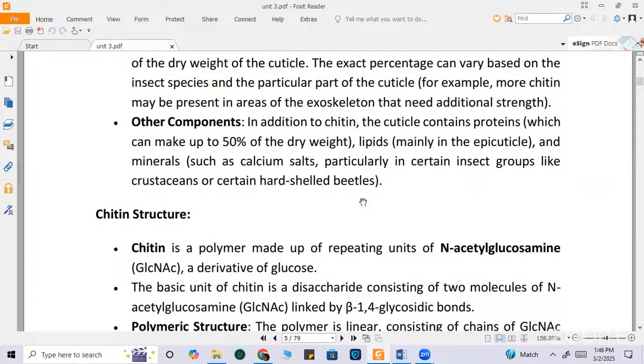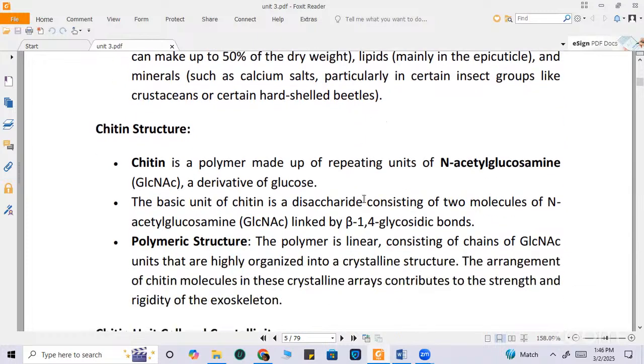It is like a covalent bond that connects sugar molecules, like glucosamine monosaccharides, to another molecule, which can also be another sugar or a different type of molecule. But in the case of chitin, it is the same molecule. So here we have a beta-1,4 glycosidic bond, and this is very important.